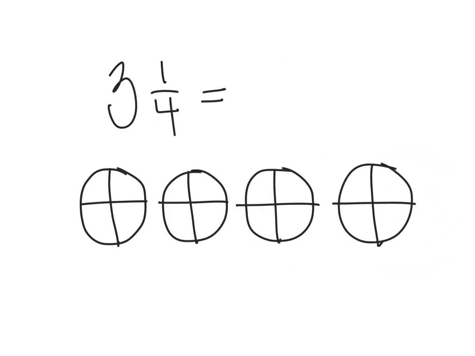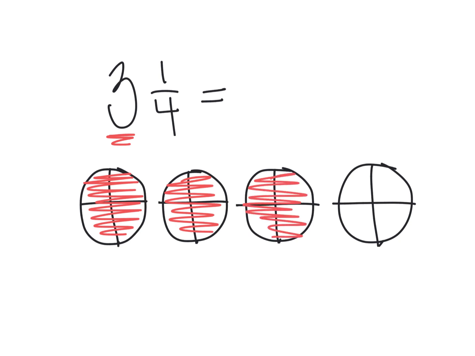Then if we want to go from a mixed number to an improper fraction, we have 3 and 1/4. So I know that we have 3 wholes. So 3 of these are going to be entirely colored in, and then 1/4. And I can see that we have 4 fourths, 4 fourths, 4 fourths, and then 1/4.